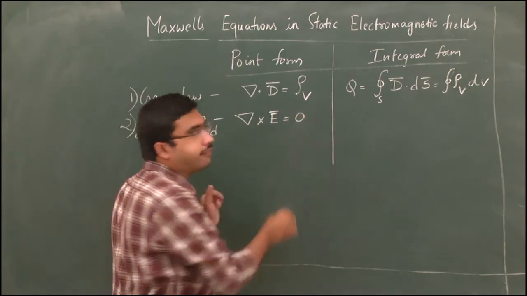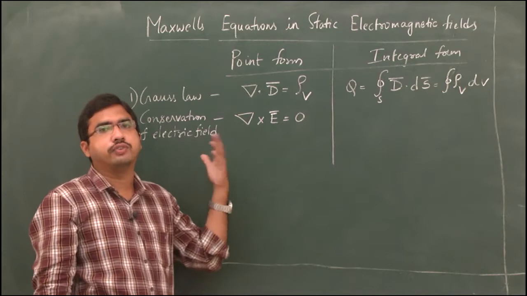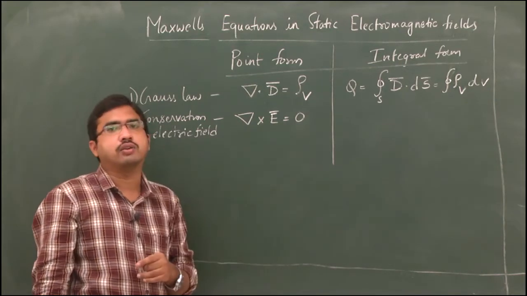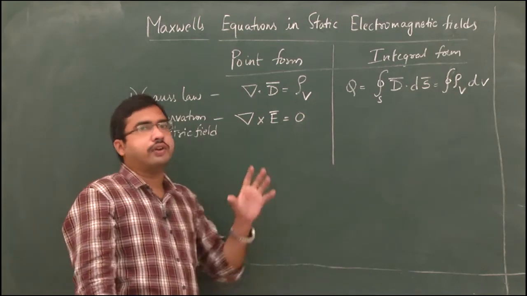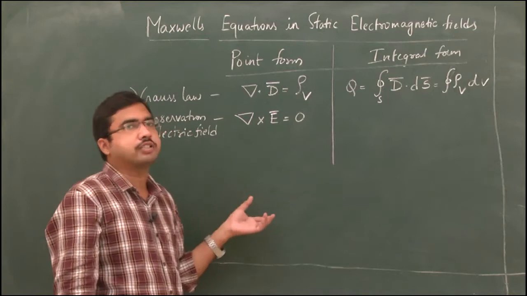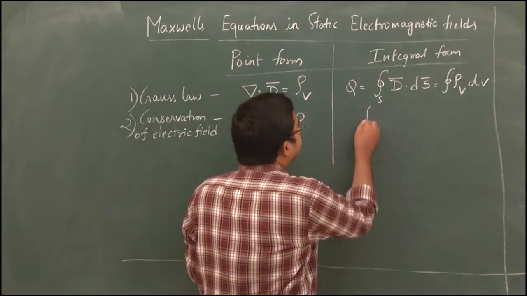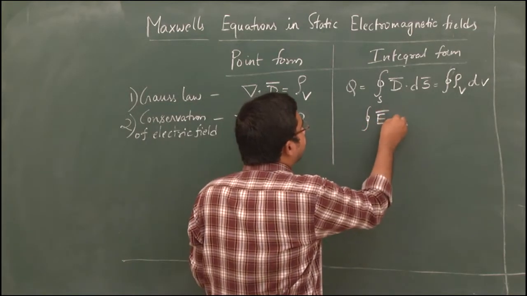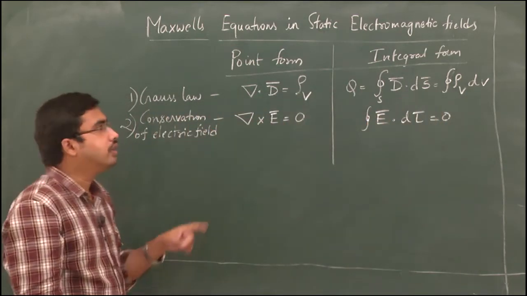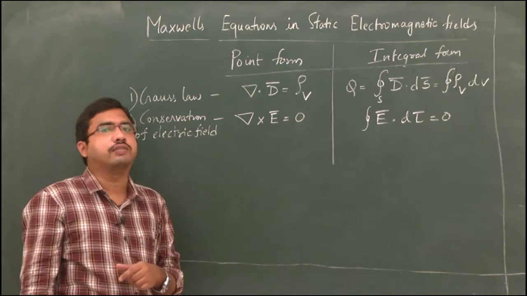We have already defined what is meant by a conservative field in our previous classes, which says that del cross E bar is equal to 0, or for a closed path the potential difference is equal to 0. That means it can be expressed in integral form as integral E bar dot dl bar is equal to 0. This is the conservation of electric field formula.